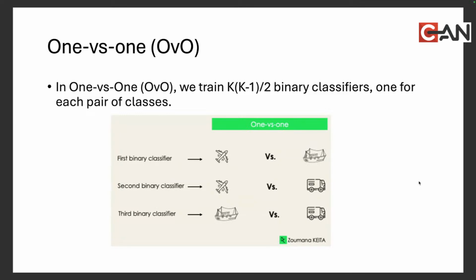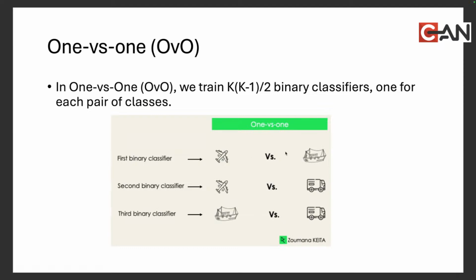Okay, so this other approach is 1 versus 1, where we train k times k minus 1, because if you have one thing to everything else, you don't need that last category, right? So if you have planes to ships, planes to trucks, and boats to trucks, you don't also need ships to plane, so they go both ways. So 1 versus 1, we can try and train k minus 1.